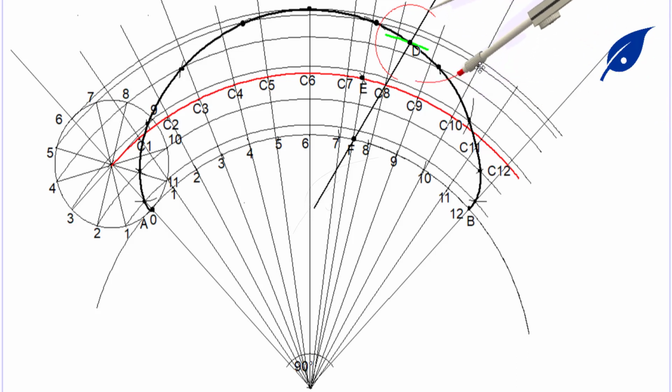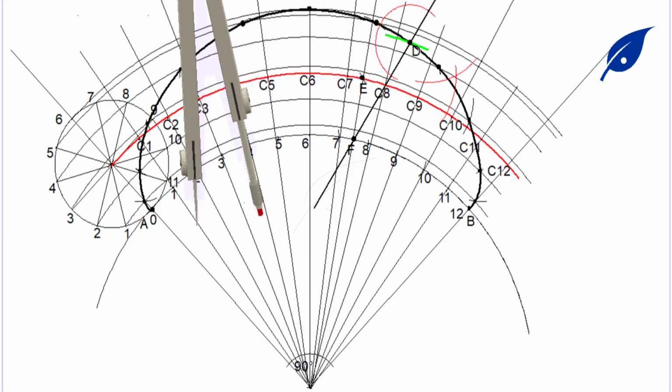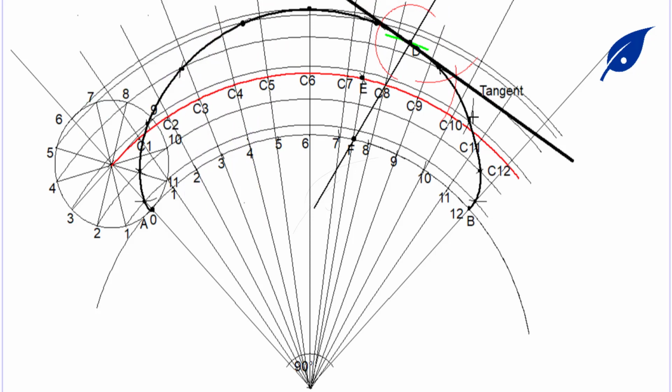After getting that angle, we make sure we connect the line through D, and the line should pass through D and be extended. So the line that is constructed here is the tangent. Now after this, we are done describing. So this is our tangent.